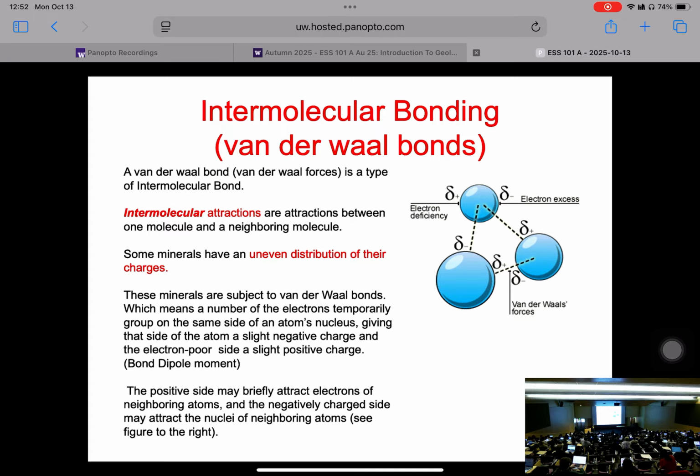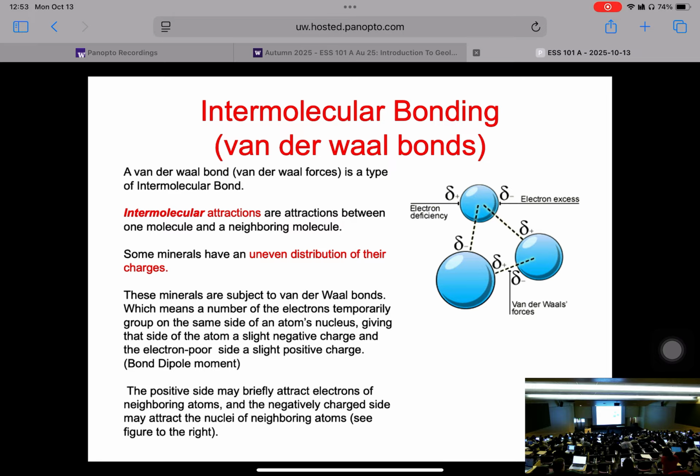Van der Waals bonds are a general term we use for intermolecular connections. Even in a situation where you don't have a molecule like water, where the molecule arranges one side to be more negative and the other side positive, if you're looking at any atom in space, the electrons in those orbitals are organized statistically, so that at any given time an electron will be in a certain position around that atom.